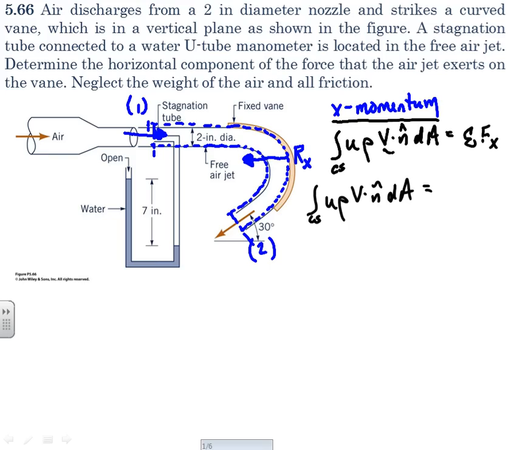So there's going to be no pressure force either. So the only force we have is that reaction force that's pointed in the negative direction, so I'm going to have a minus R sub x.